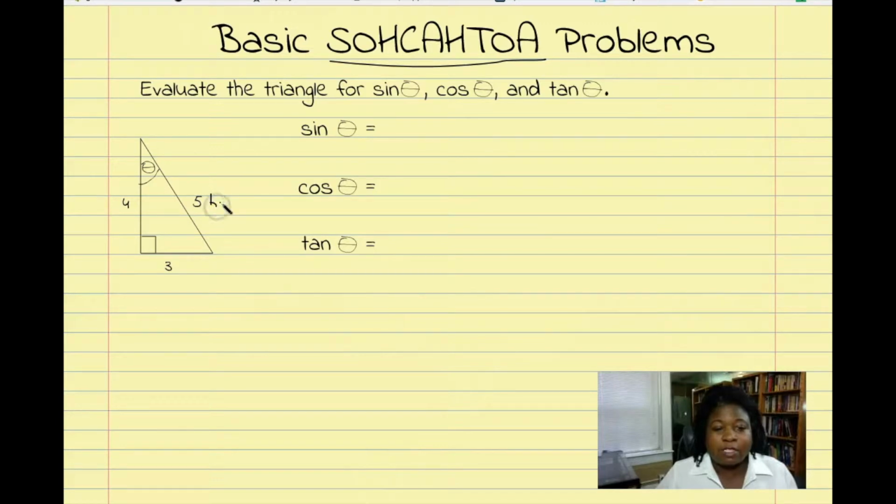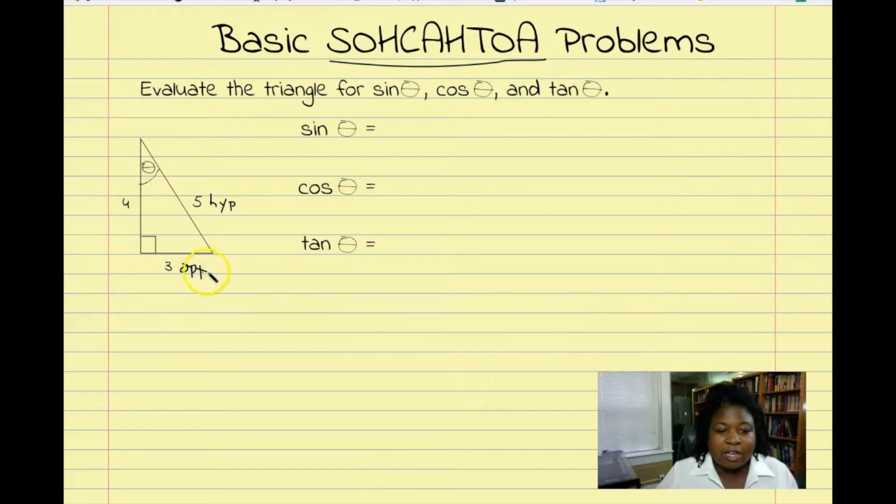So 5 is still the hypotenuse because it is still the side opposite the right angle. But now theta is up here, so the side opposite theta is way down here where the 3 is. So we'll label that op for opposite.